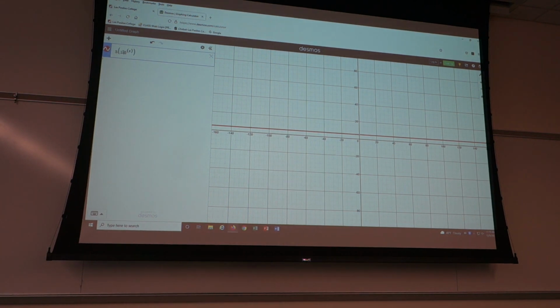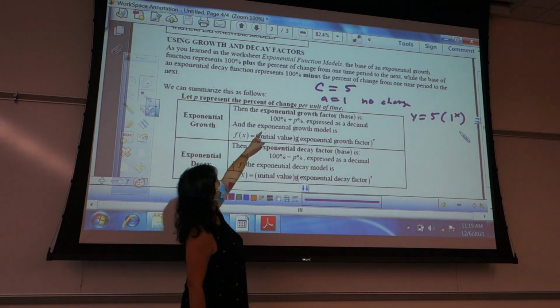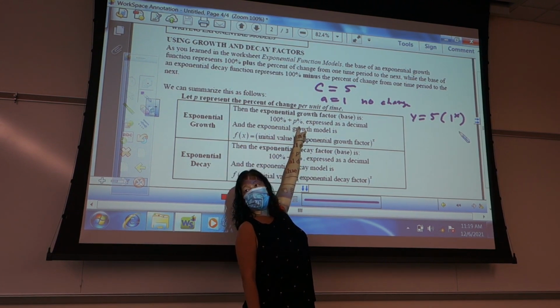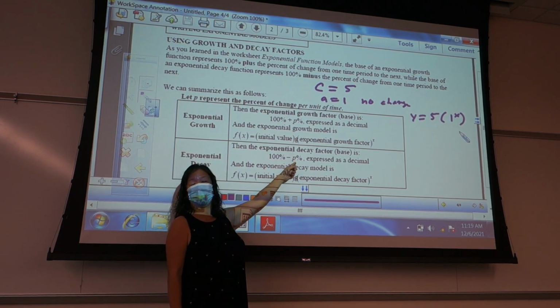And you'll see it starts off big and then drops. You always start with 100%, and if you grow, then you're going to add some percentage to your 100%. If you're going to decay, then you're going to subtract some percent from your 100%.